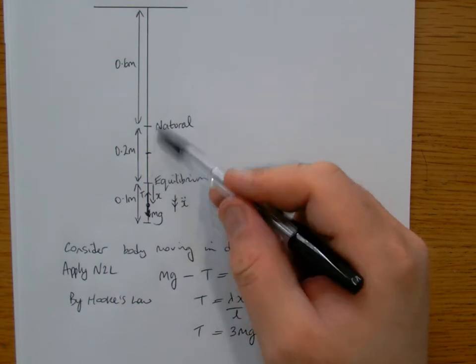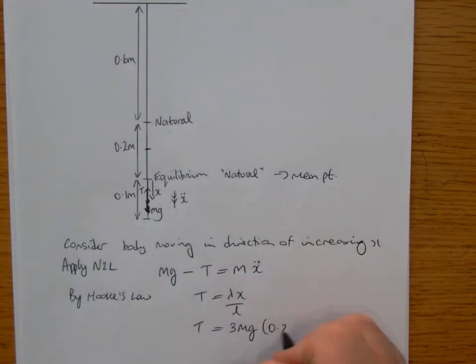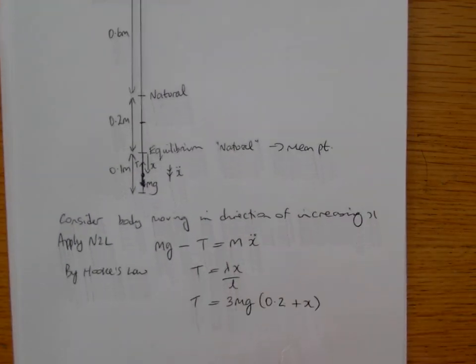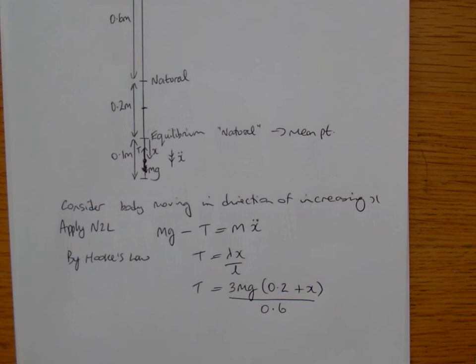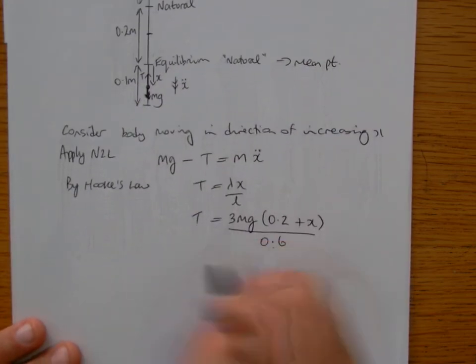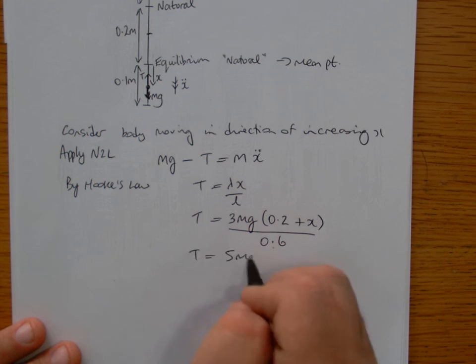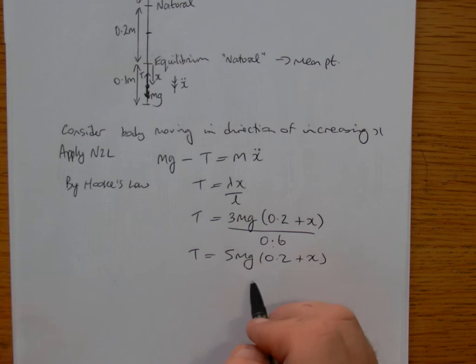We worked that out in the first video. Plus then this extra x. So 0.2 plus x, over the natural length, which is 0.6. Perhaps what we could do here is divide 3 by 0.6, you get 5mg. That might be a bit tidier. 3 divided by 0.6 is 5.